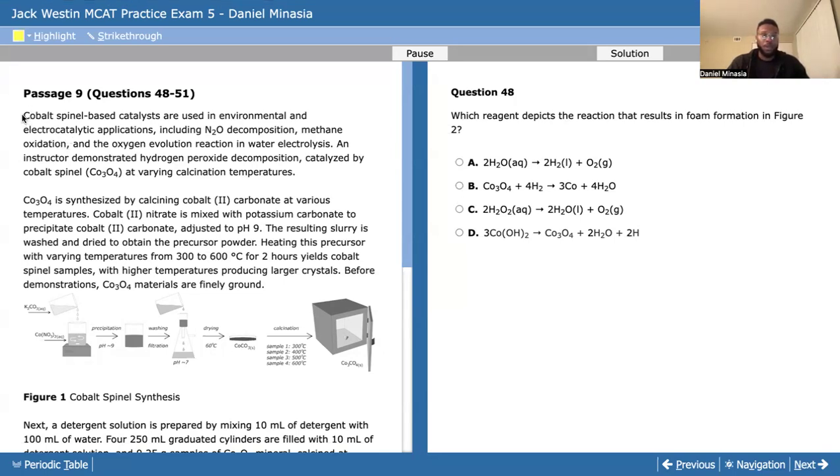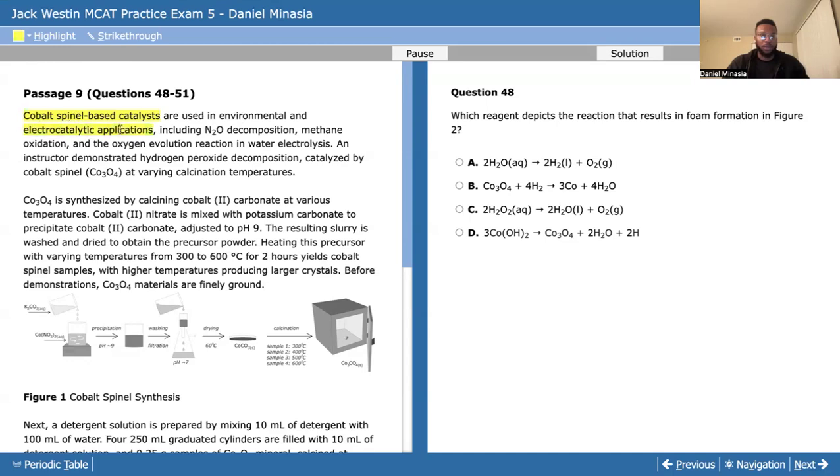All right, so cobalt spinel based catalysts are used in environmental and electrocatalytic applications. Okay, so talking about cobalt spinel based catalysts. All right, and things I feel like we need to highlight: electrocatalytic applications.